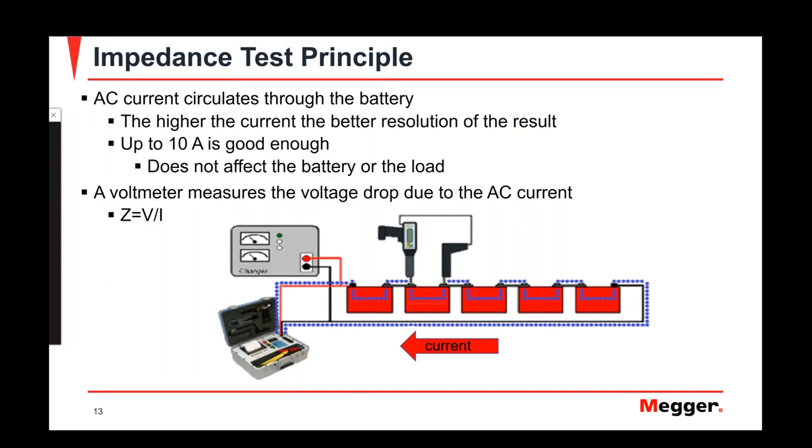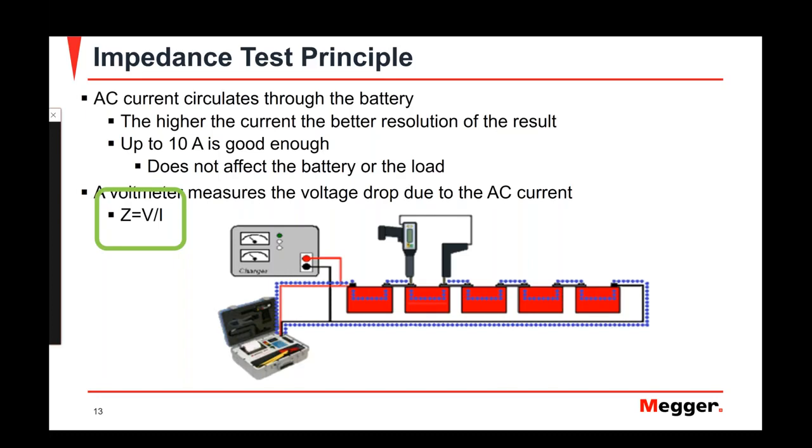In this case, we're pushing current across the entire string, and the signal that we generate is low enough that we aren't going to affect the battery or the load that it's supporting. However, the signal is high enough to help us avoid any ripple current interference or any noise that might be on the system. Now, once the current is circulating through the string, we can measure the voltage drop across the cell. And then by applying Ohm's law, we can calculate that impedance value.